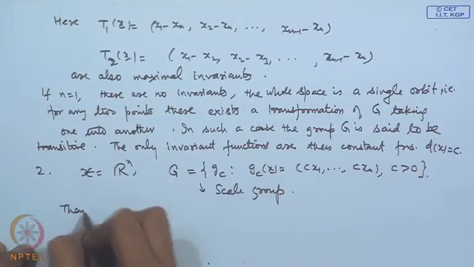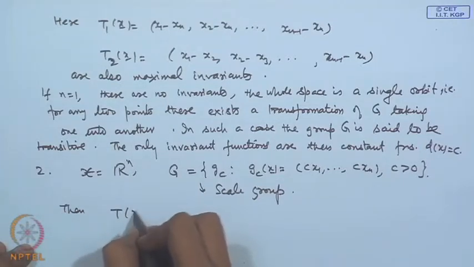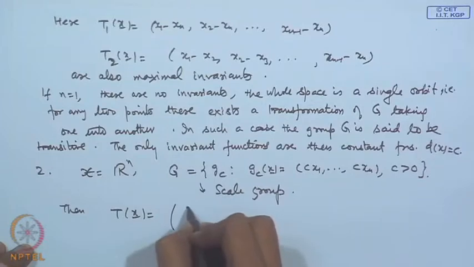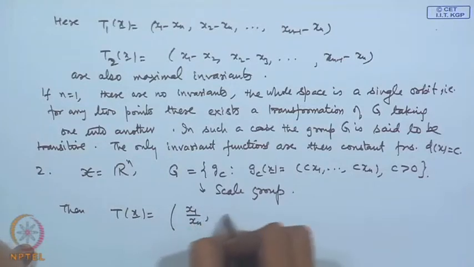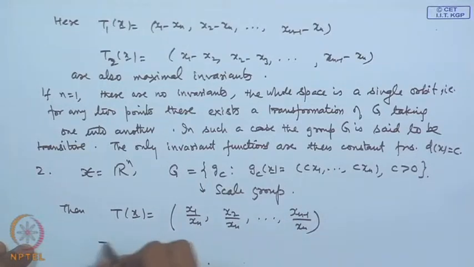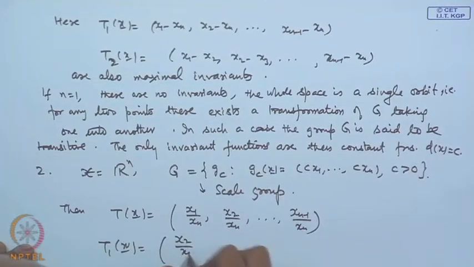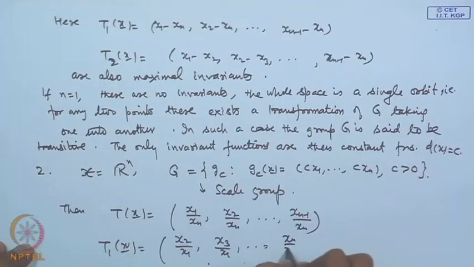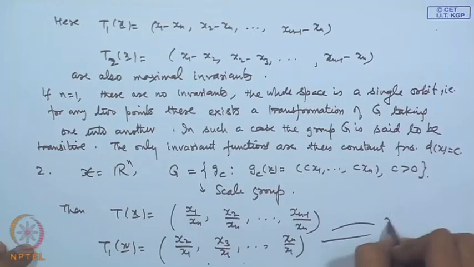Then in this case T(x) = (x_1/x_n, x_2/x_n, ..., x_{n-1}/x_n), or T_1(x) = (x_2/x_1, x_3/x_1, ..., x_n/x_1). So, these are all maximal invariants.